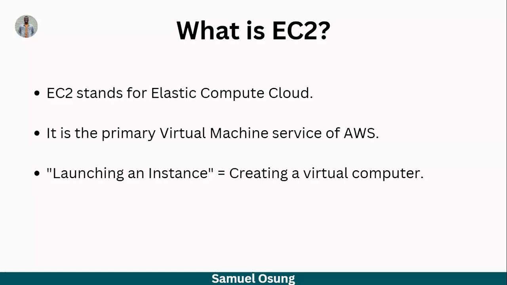It is the virtual machine service of AWS. So whenever someone says, I launched an EC2 instance, what they are simply saying is, I created a virtual machine on AWS. I repeat again, whenever someone says, I launched an EC2 instance, they are simply saying, I created a virtual computer on AWS.